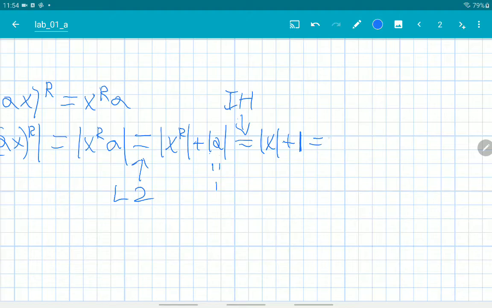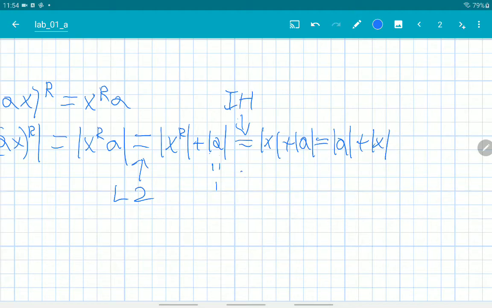Now, in fact, let me not do it that way. Let me, in fact, keep the a. Now, in summation I can change the order, so this is a plus x.